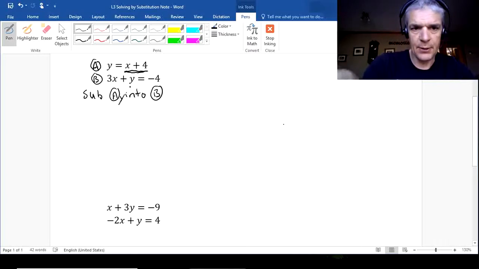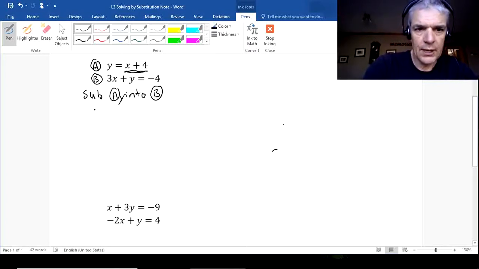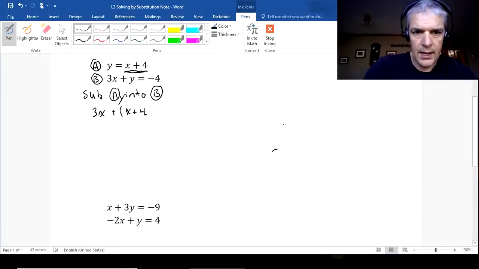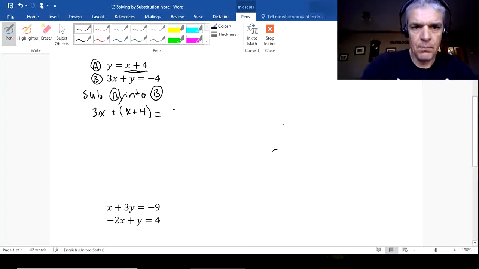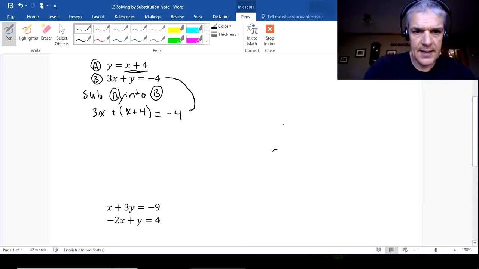But instead of putting y in for y, we're going to change y to be x plus 4. And let me write this out like this. So I go 3x plus, and now I'm not going to write y, I'm going to write x plus 4, and that will equal minus 4. So essentially, this is the same line here.